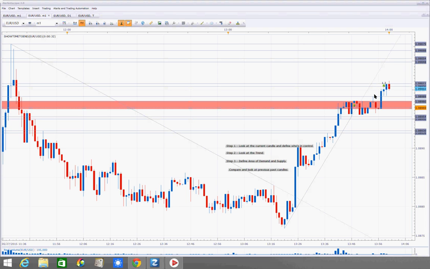So notice how if you do not have a lower high, then you cannot sell. What is the most common thing that we will do right at this point in time?